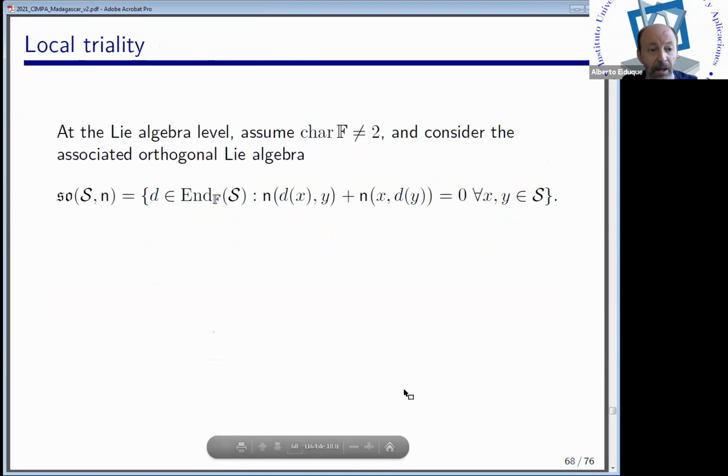And all this can be done considering Lie algebras instead of groups. So considering Lie algebras, the natural Lie algebra that appears here is the orthogonal Lie algebra.